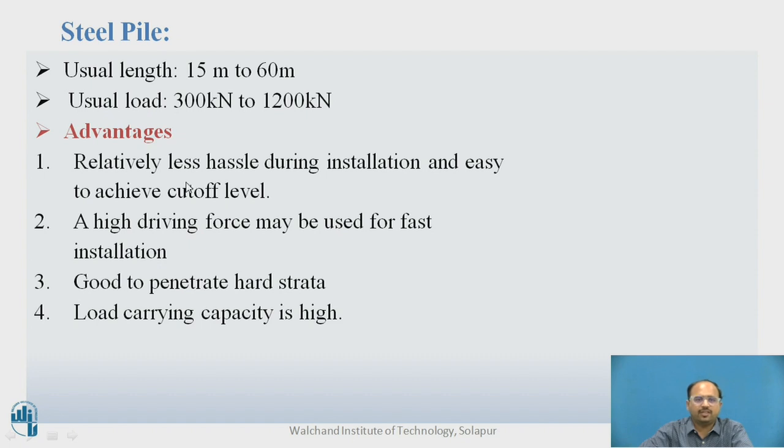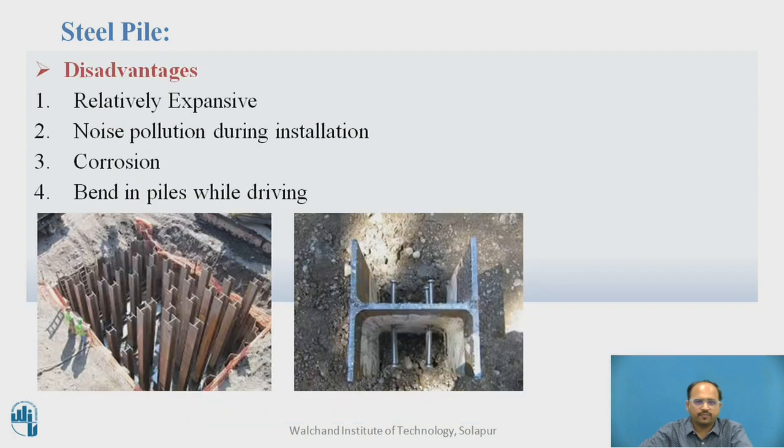Relatively less hassle during installation, and the cutoff level is easily achieved. A high driving force may be used for fast installation. It is good for penetrating hard strata. If you find any hard strata at a deeper depth, you can easily penetrate with a steel pile. Load carrying capacity and bearing capacity are very high.